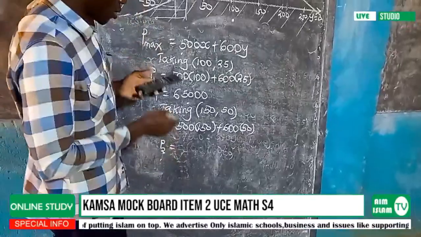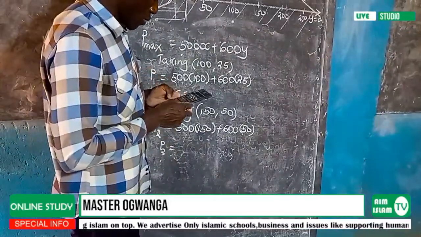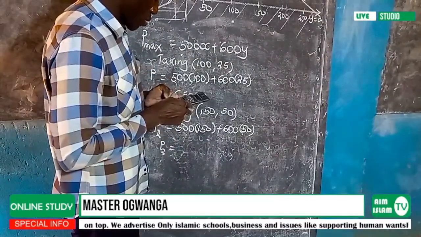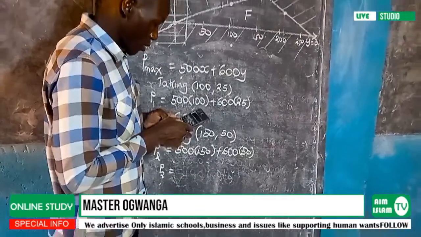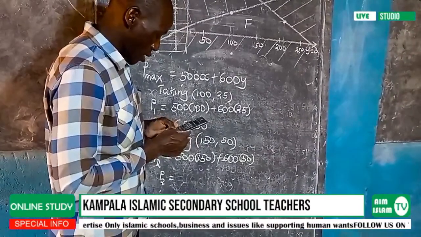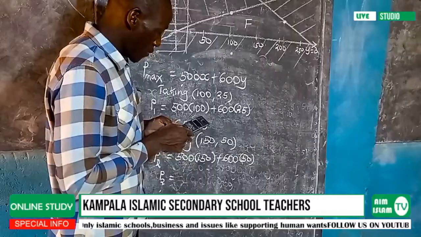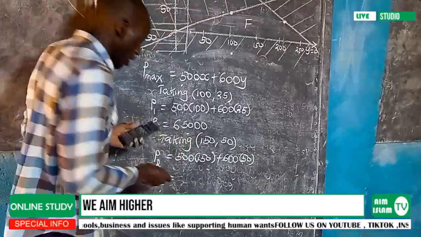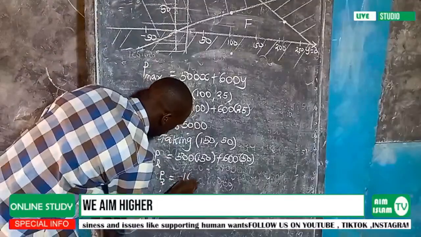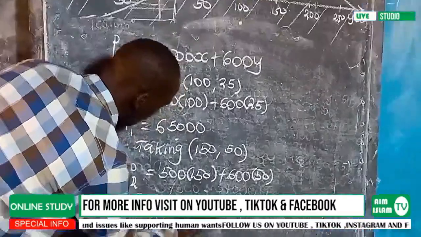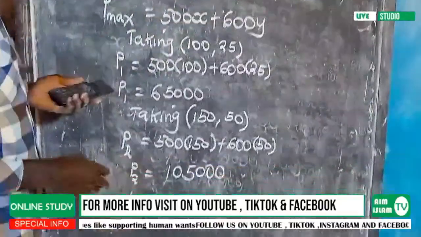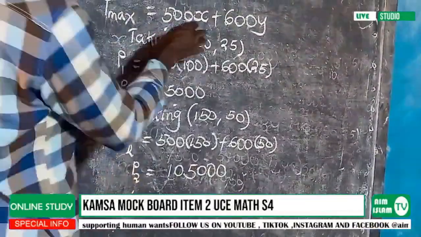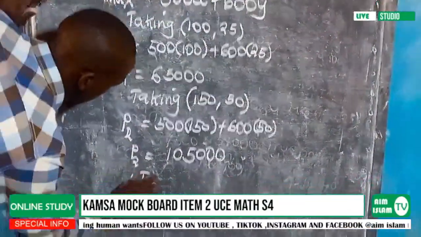Our P2 will be 500 of 150 plus 600 of 50. This is 105,000.